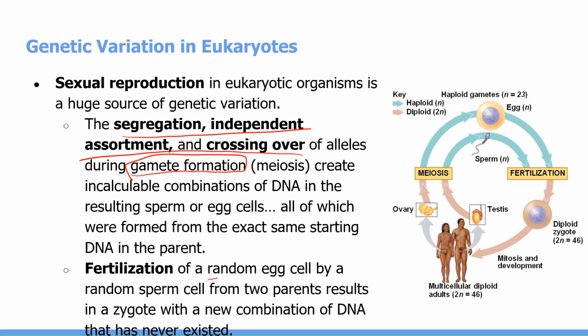This is when a random egg cell is fertilized by a random sperm cell and it results in a zygote, as you can see here. And this zygote has a new combination of DNA that has never existed before.